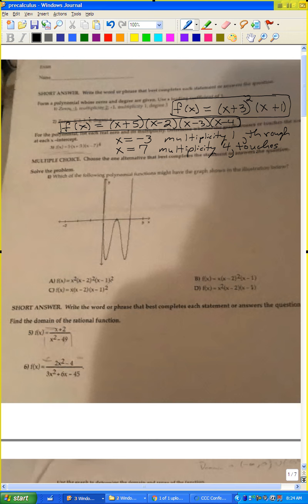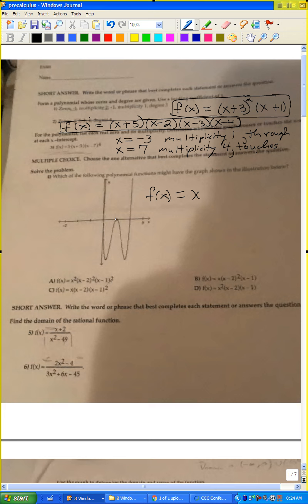Okay, so I look here, I've got a root at 0, so my polynomial should look like x. And notice that it passes through this root, and since it passes through the x-axis, it should have an odd power. And notice that when it passes through, it looks like a line. So I bet it's a power of 1.